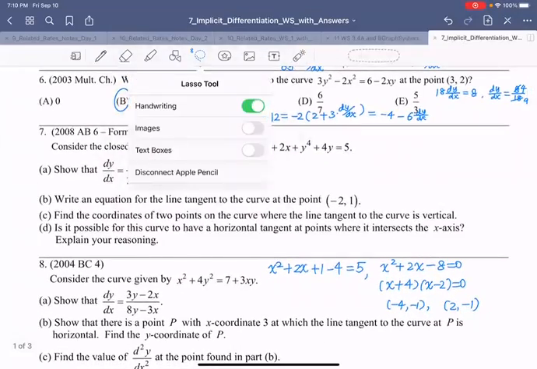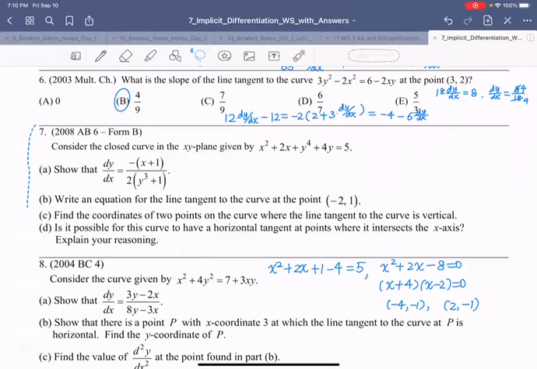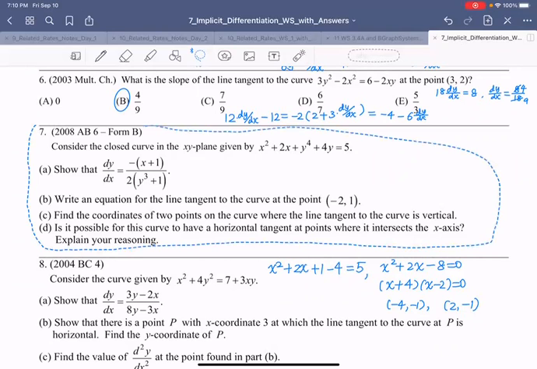So this is the real AP test. And this is the AP test for Calculus AB in 2008.